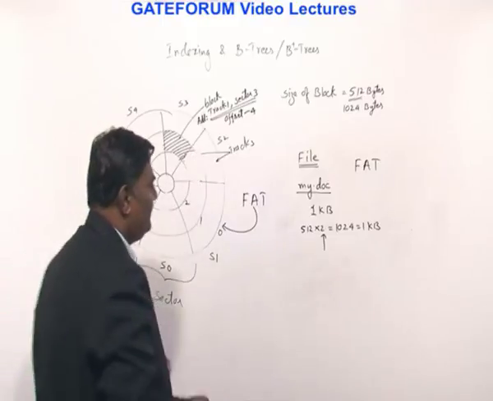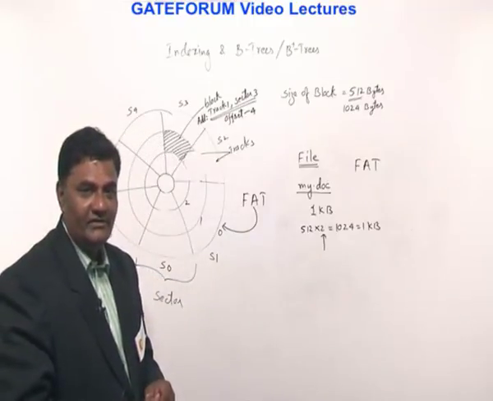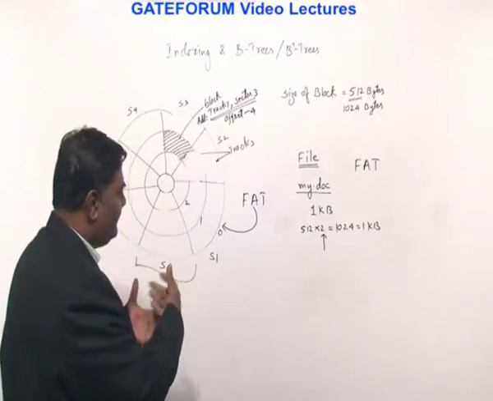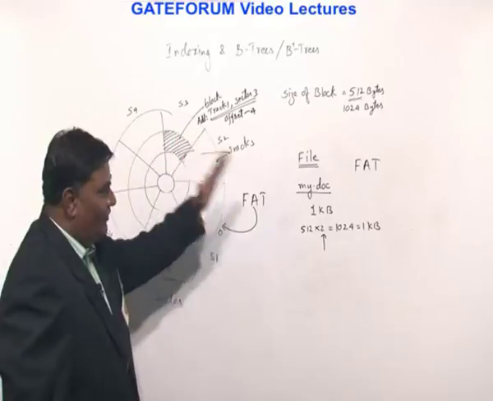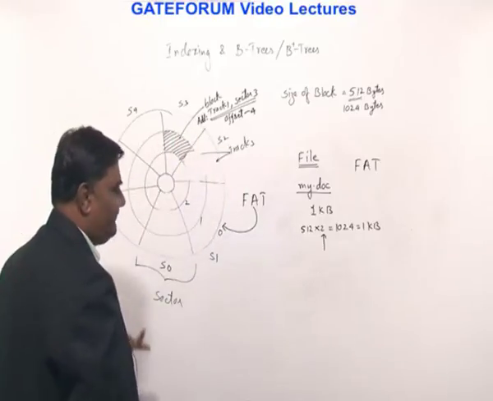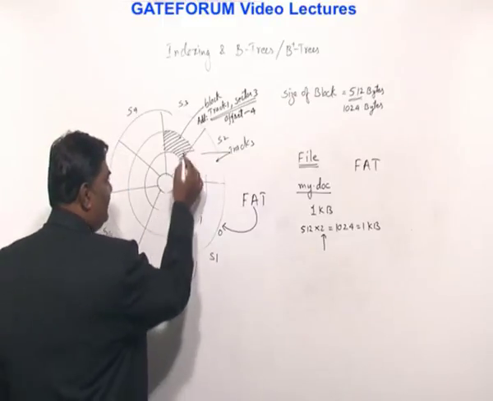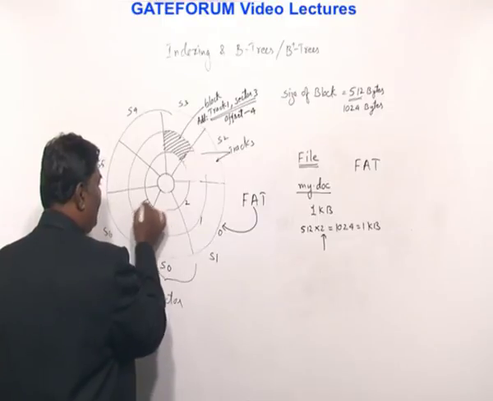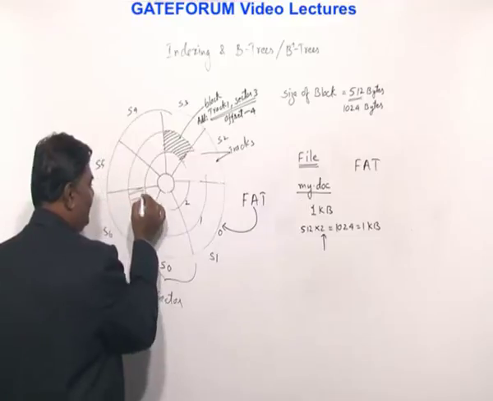Now, on a disk, we may be storing the files, we may be deleting the files. So the files may be coming in and going out on the disk. So when we want to store a particular file, we may not get 2 blocks consecutively. So suppose this is one block and this is another block which is allocated for this particular file. This file is getting these 2 blocks.